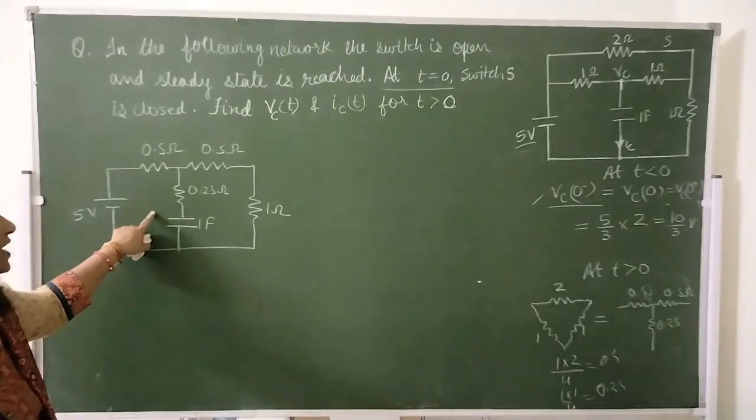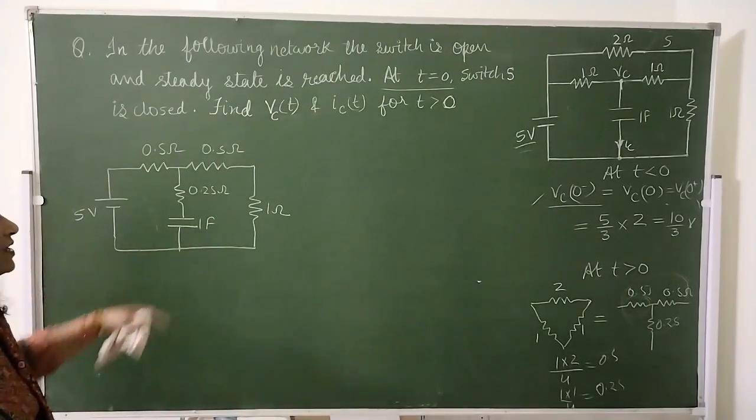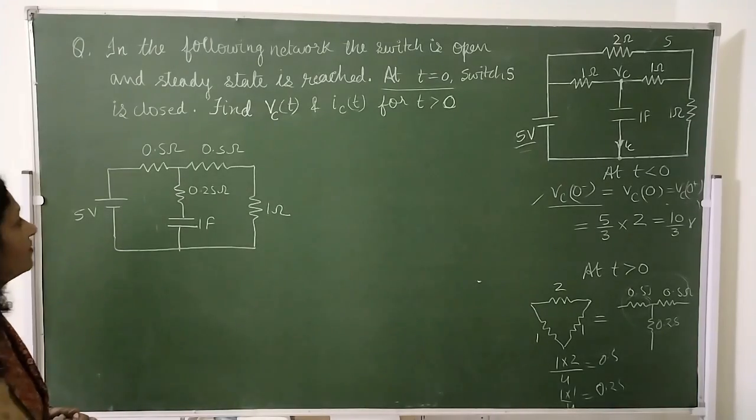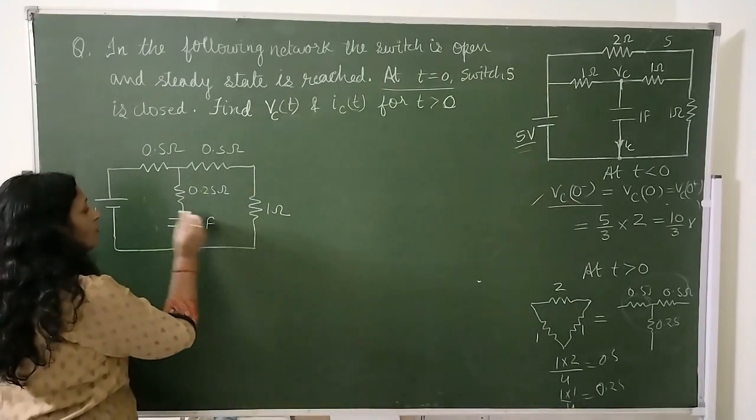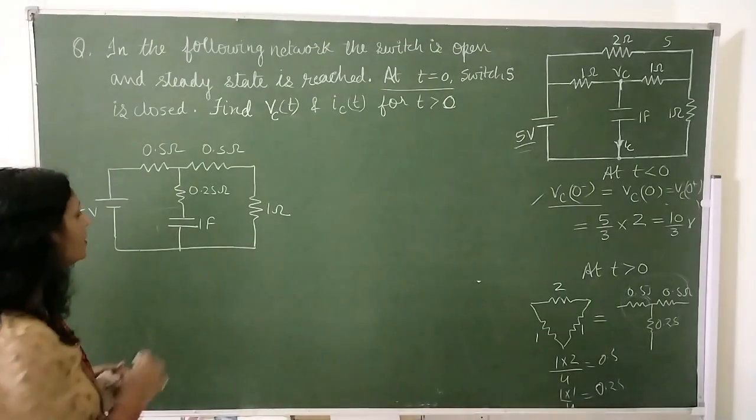Now we can see that the circuit is still not simple enough to easily apply KVL. So we will convert this circuit into its Thevenin equivalent.